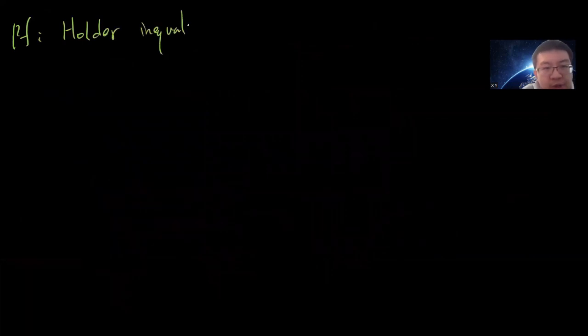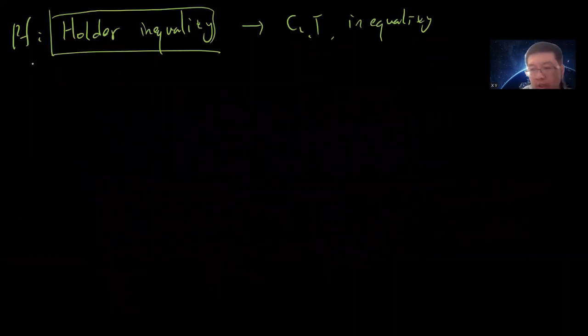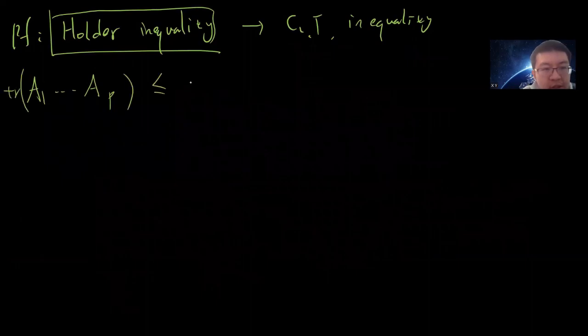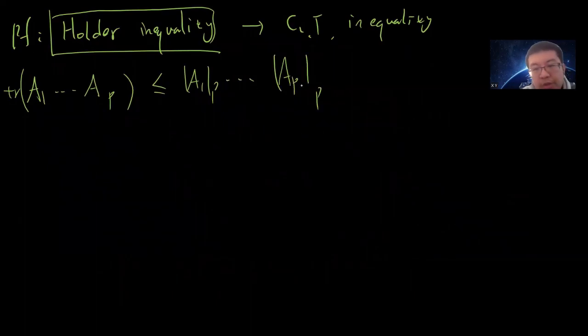The remaining part, this video, is the second video, in which we are going to prove the Hölder inequality. If the Hölder inequality is true, then the Golden-Thompson inequality will be true, as we just showed. So our goal is to prove this Hölder inequality: the trace of A1 up to AP is bounded by the product of the p-norms.